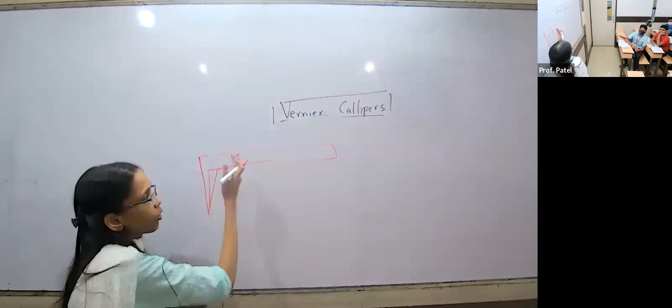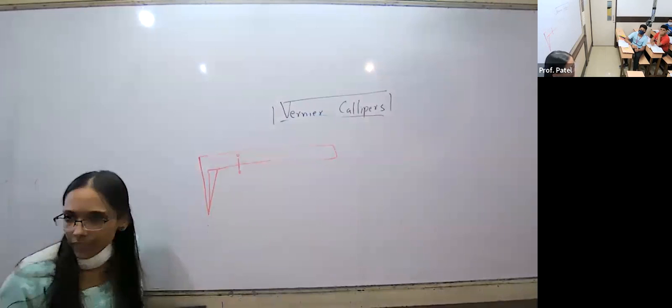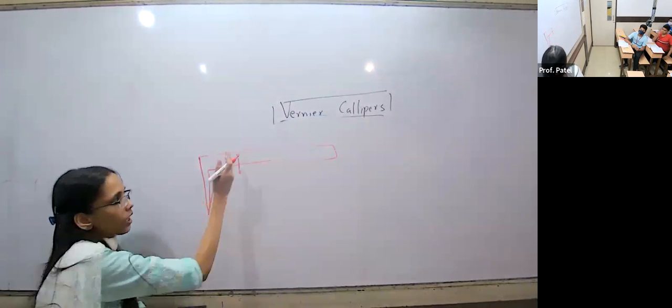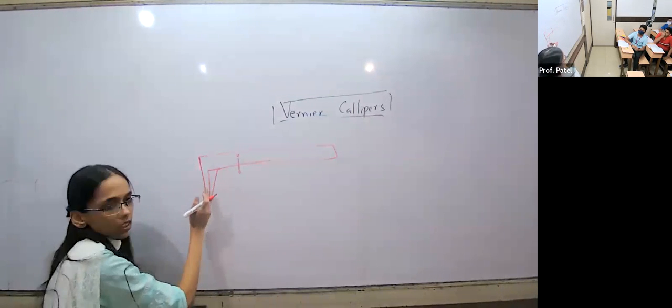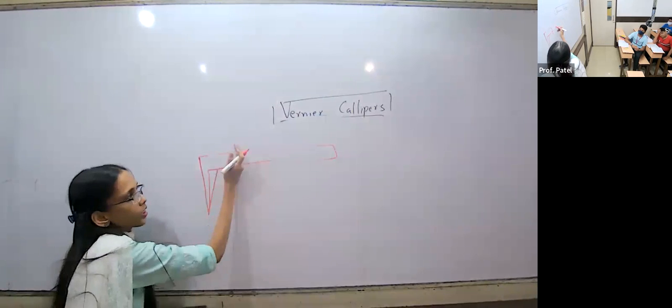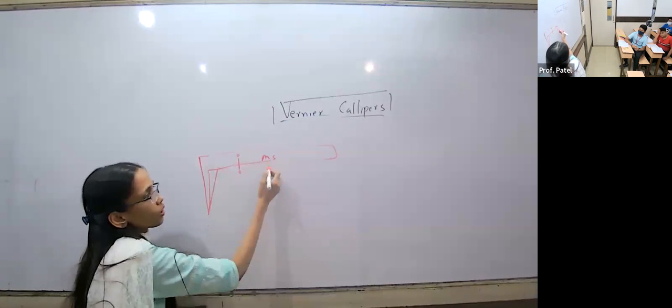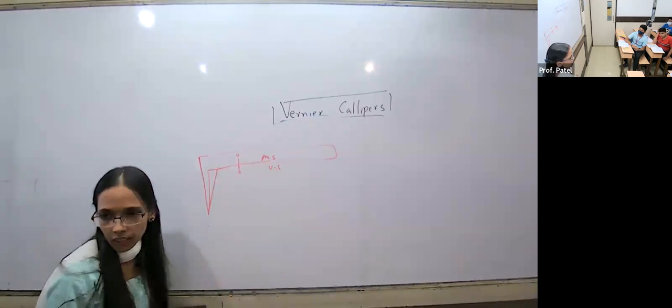They both should coincide, right? Because this is my start, right? There is nothing kept inside, they are put together. Then 0 of main scale should coincide with 0 of vernier scale, right?